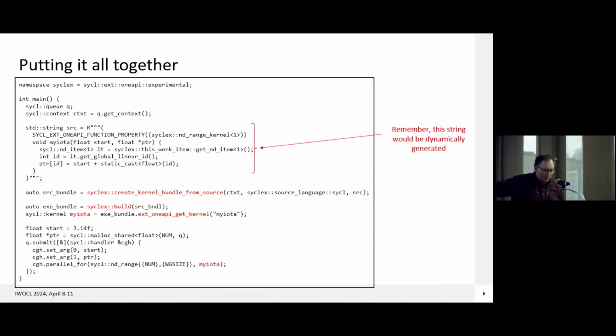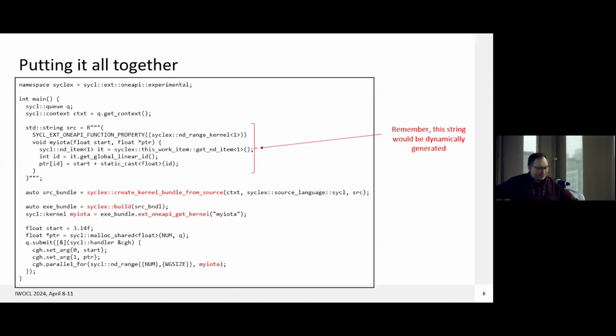It's the same one from the previous slide. And then we proceed as we did before. We create a kernel bundle from that source, build it, get our kernel out of it, and then launch it. And now it's very clear what kernel argument 0 is and what kernel argument 1 is, because it's just the first argument of the function and the second argument of the function.